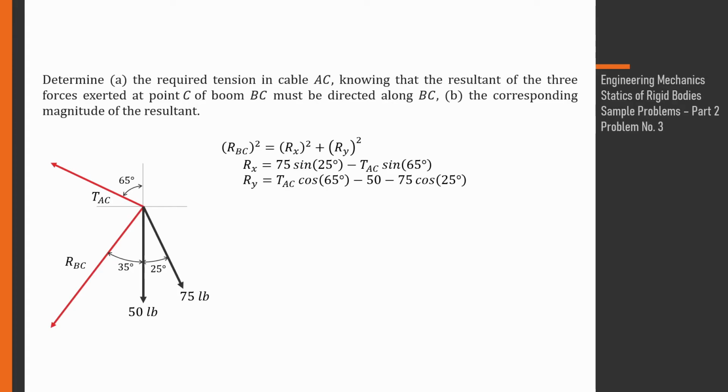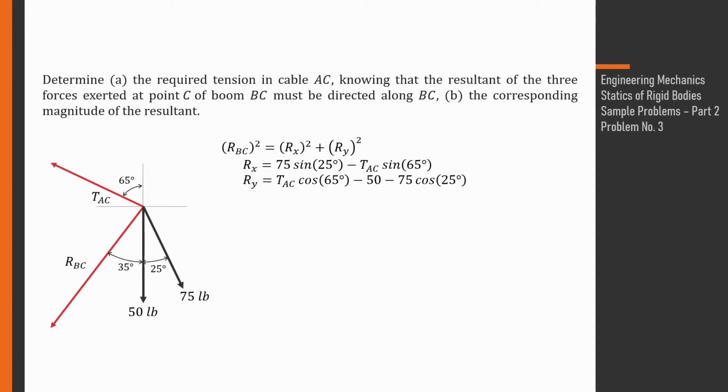And then for the vertical or y component, tension for cable AC cosine 65 degrees, positive, because this is above the origin C, and then minus 50, a downward force, minus 75, a downward force, cosine 25 degrees.